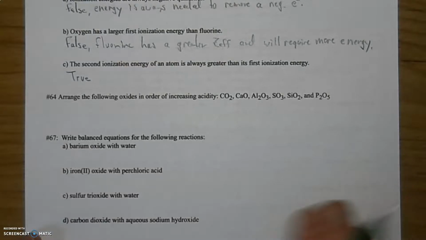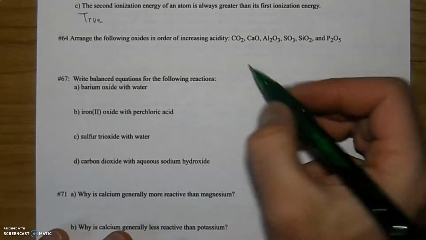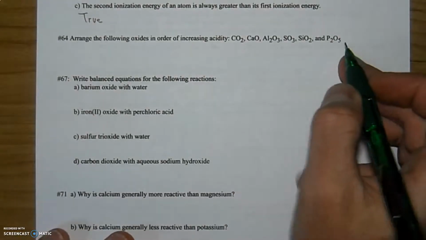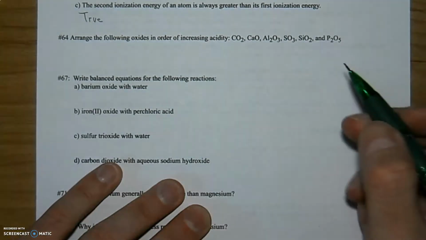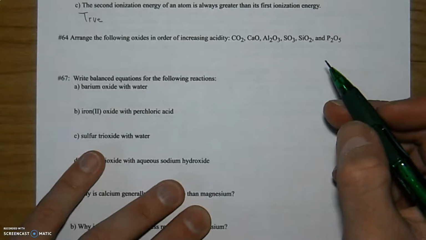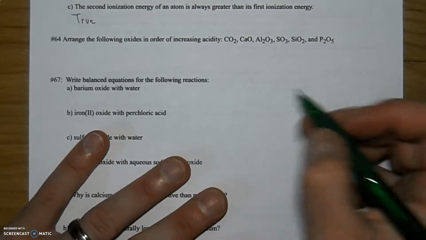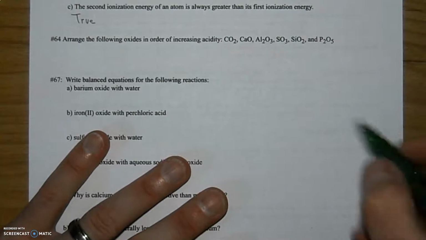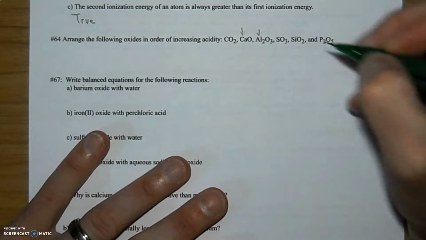Right, 64. Arrange the following oxides in order of increasing acidity. So these are all, well, they're not all, metal oxides or non-metal oxides, and we're trying to put them in increasing order of acidity. So the first one we want to do is try to figure out if there's any metals in here, or the largest metallish things. And the ones I grabbed right away are calcium and aluminum.